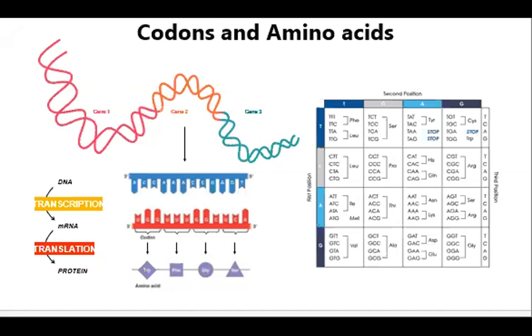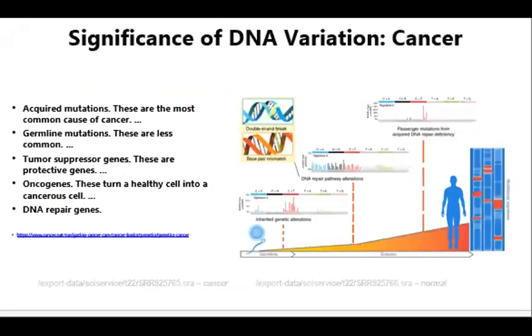Lastly, I want us to know what is the significance of a DNA variation? So far, so good. When mutation happens, it plays a significant role, particularly in cancer development, or better we say, in the drive of tumor formation.